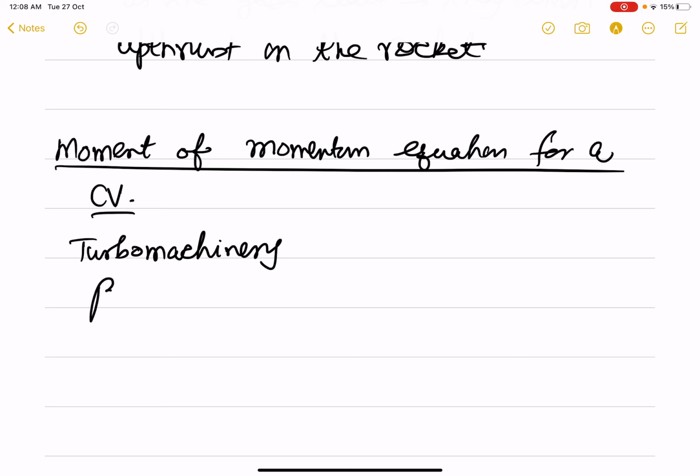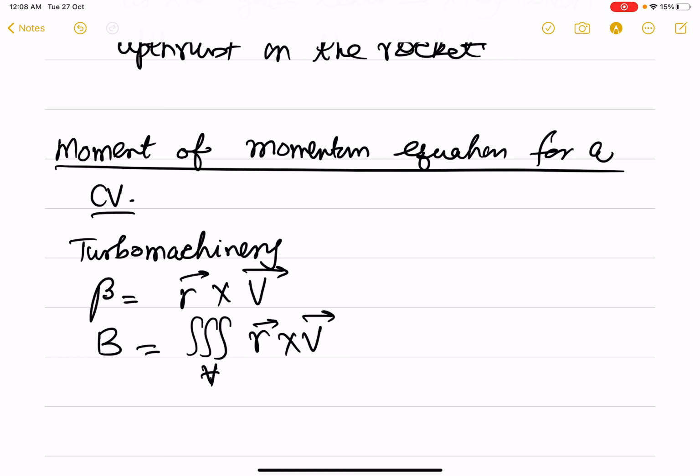In this equation, we take beta as R cross V. Therefore B becomes equal to the volume integral of R cross V rho dV.